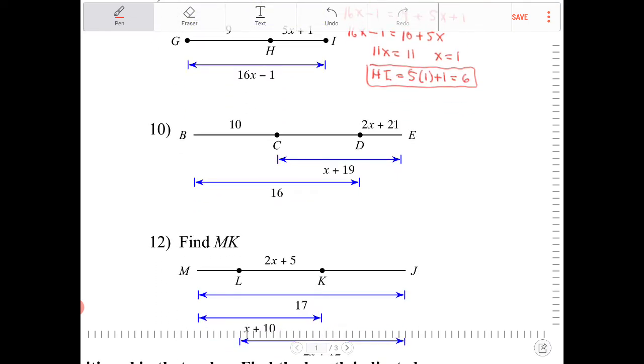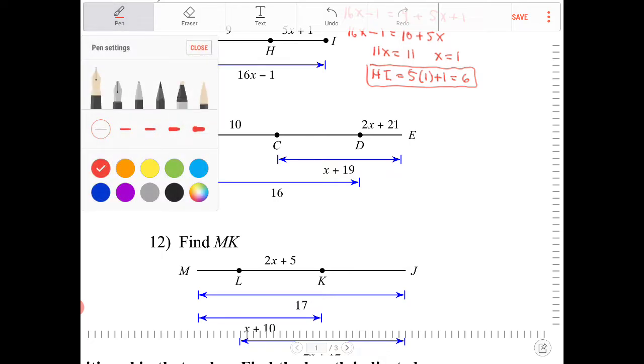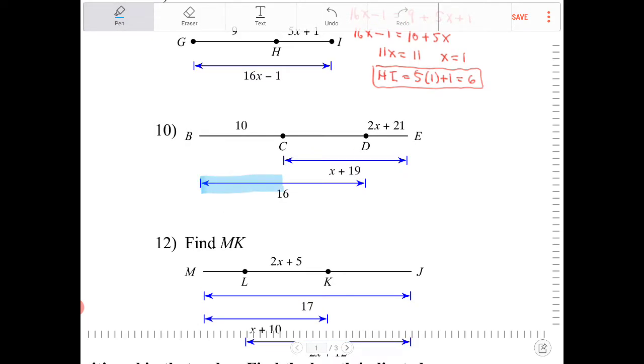Moving on, question 10. This is the part where writing everything out and really applying the segment addition postulate comes in super handy. Notice I'm given this full length here, and that's comprised of BD. And I'm given this length, and that's comprised of DE.